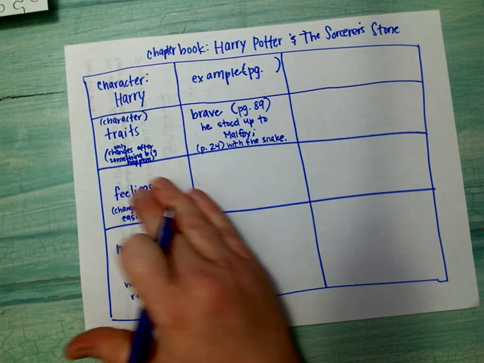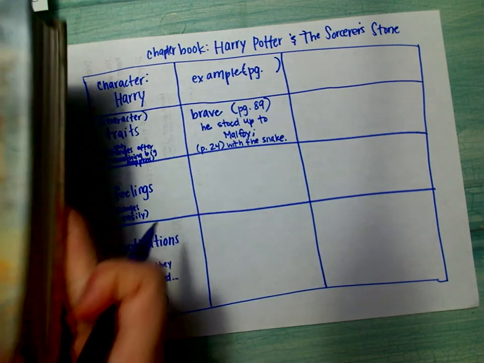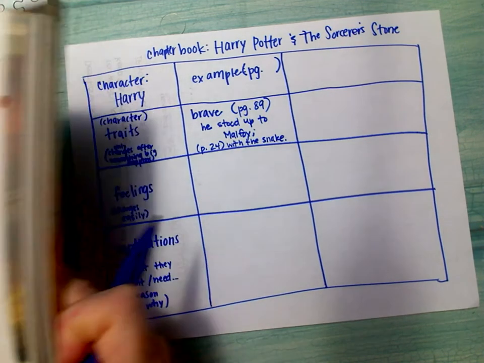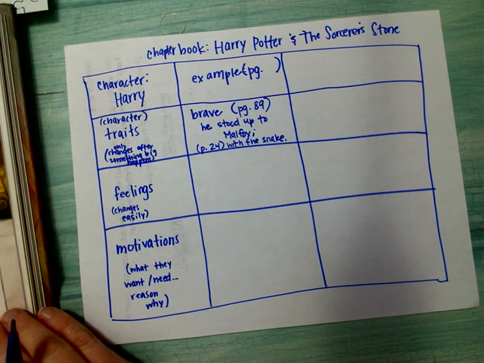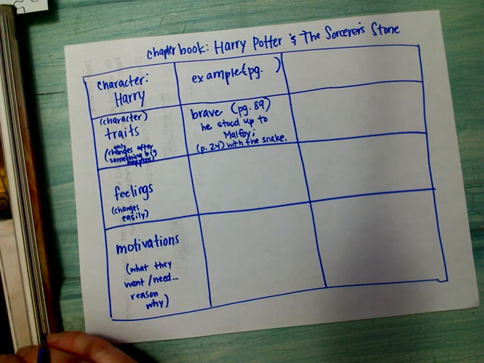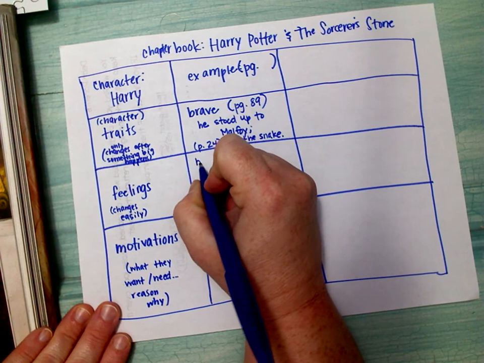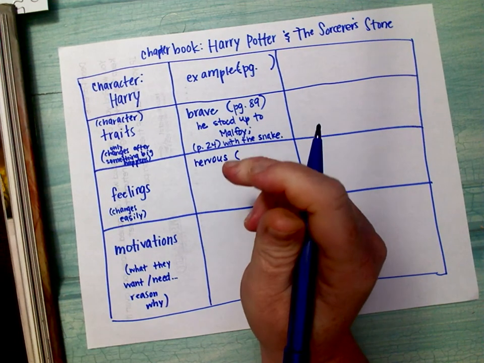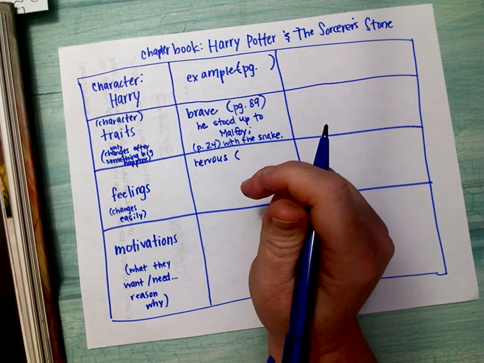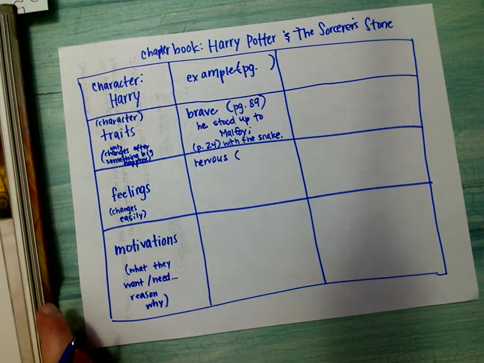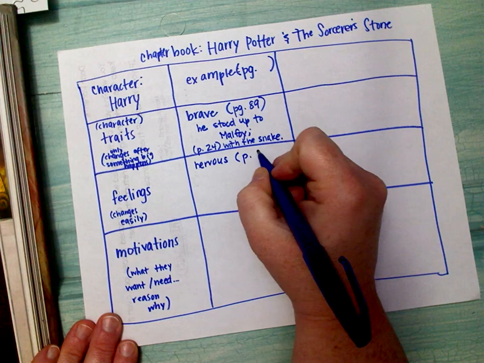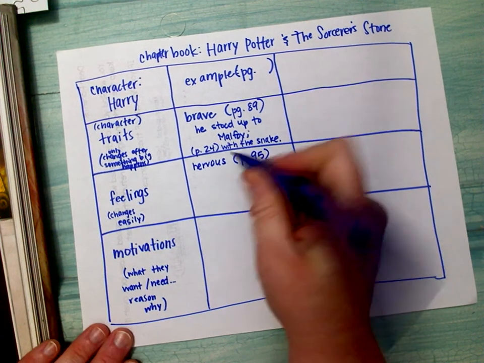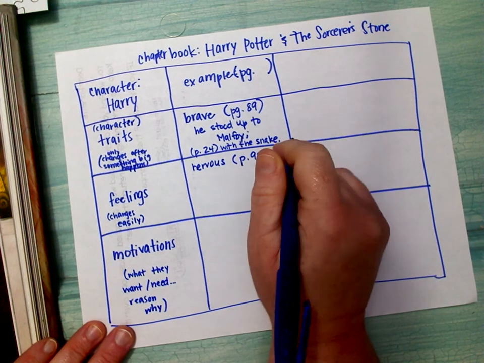All right. My next part, feelings. I'm going to choose a part where I feel like his feelings change. You can, in fact, if you want to, use the same one. But I'm going to put the feeling that he feels is nervous. And I'm going to say he feels super nervous on page, I've got to find the page, page 95. And then I'm just going to put why he felt nervous.